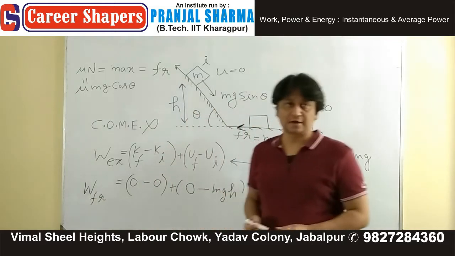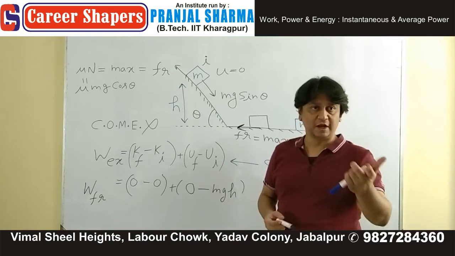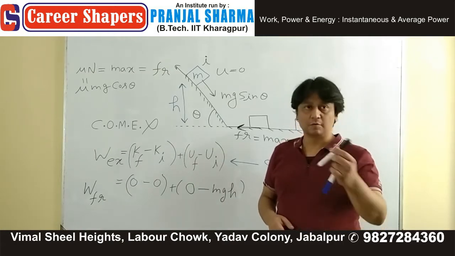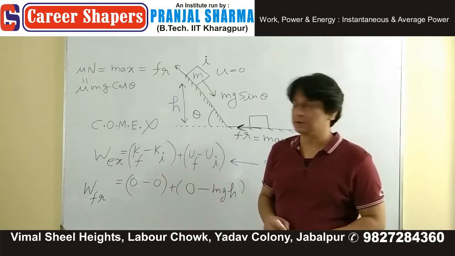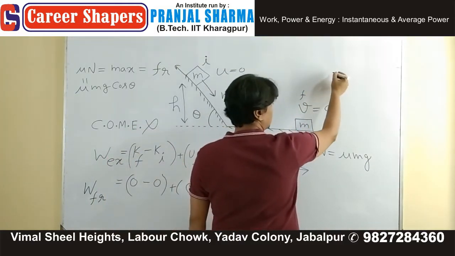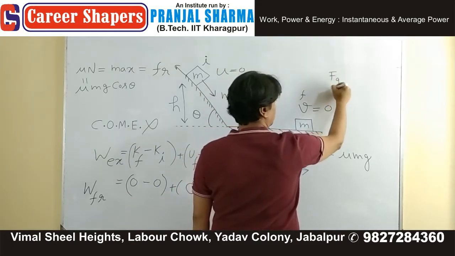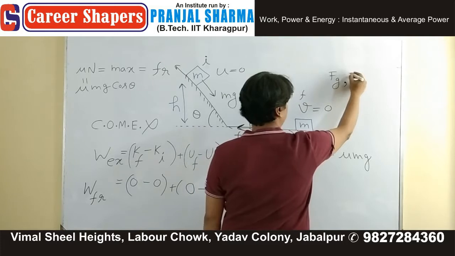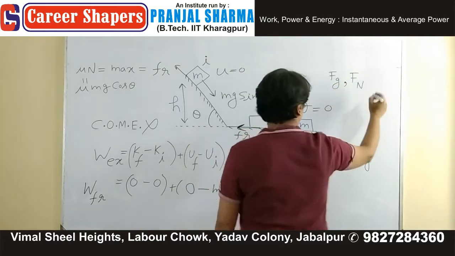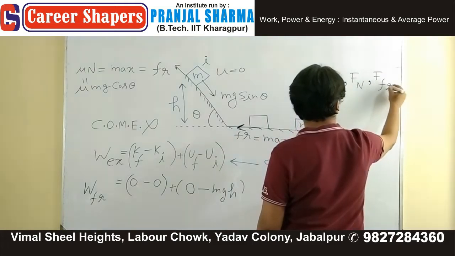How many forces are acting? How many forces are acting on the block? Gravity, normal reaction, and friction. Force of gravity, force of normal reaction, and force of friction. These are the three forces which are acting on the block.